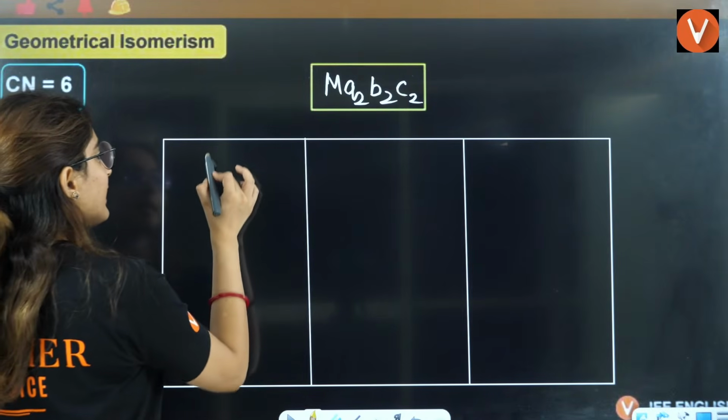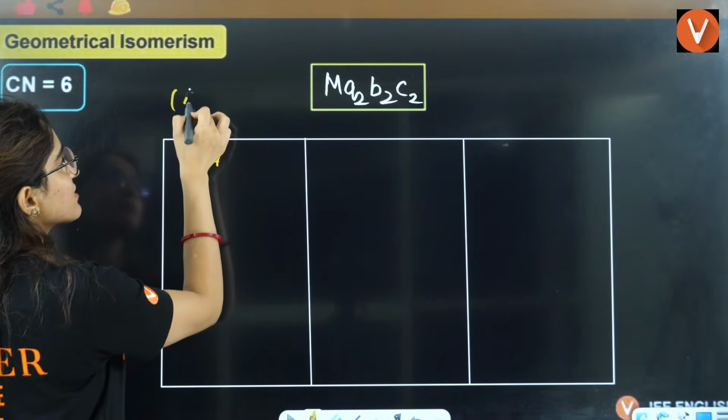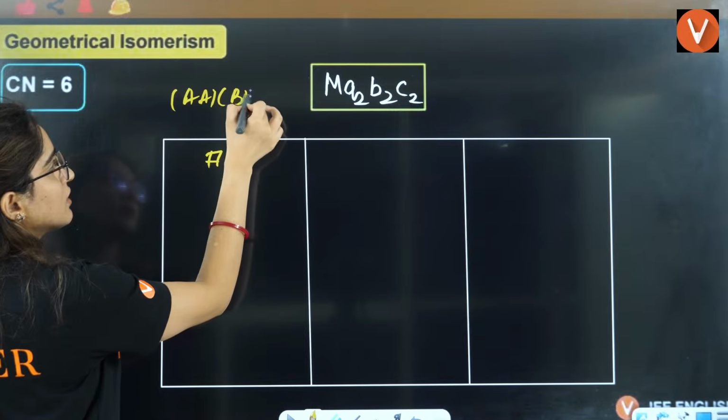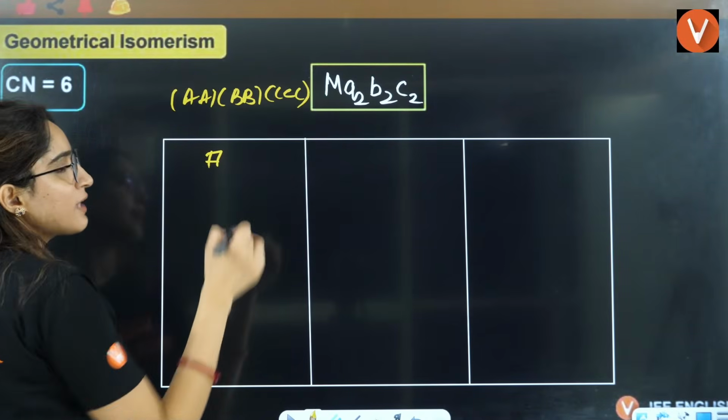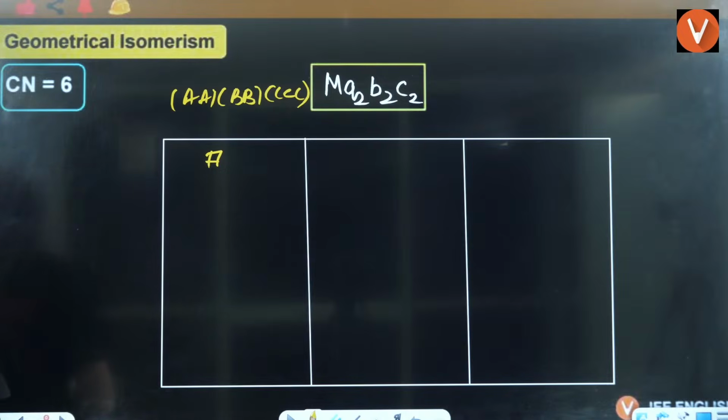So firstly, here I'm taking trans pairs, okay? When I'm writing this AA, BB, CC, that means I am saying that A and A is opposite, B and B is opposite, C and C is opposite, okay? So I'll also take this example here.